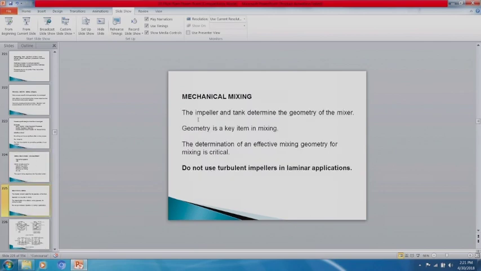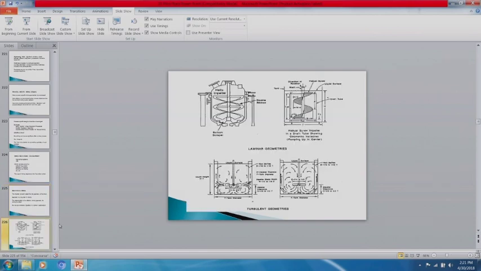You have now to recognize that there are mechanical mixing geometries, and here we go. Some laminar mixing geometries. Actually, on this page is mixing geometries. I wouldn't use any of them, okay? They're here just as a teaching aid, so to speak.